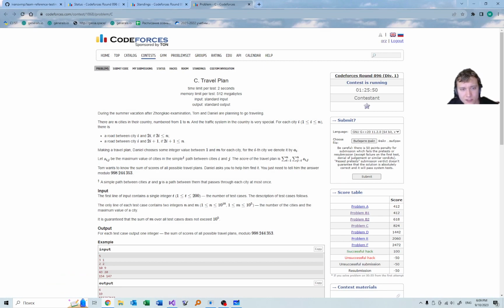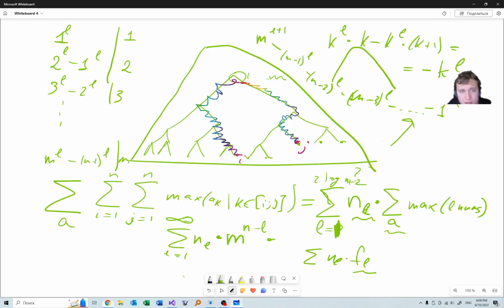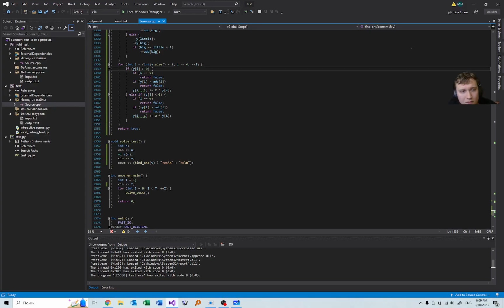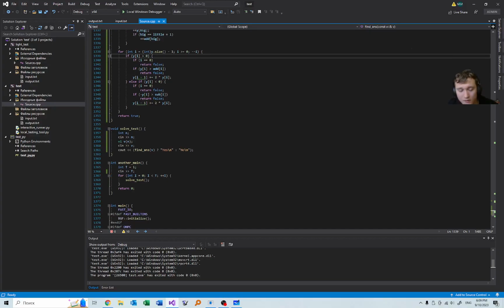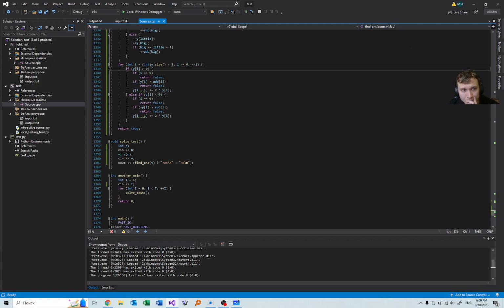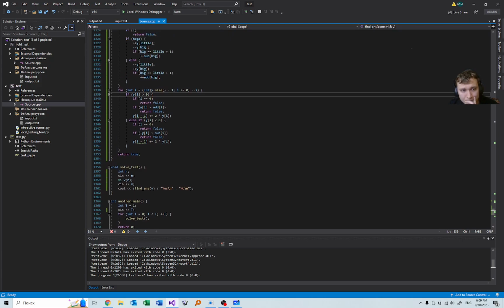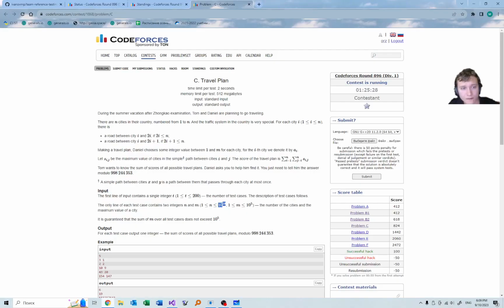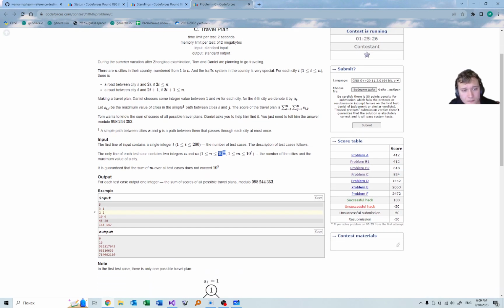Okay, so we read N and M. Is N 10 to the 18? Actually, N is really huge. Fine, it's okay.